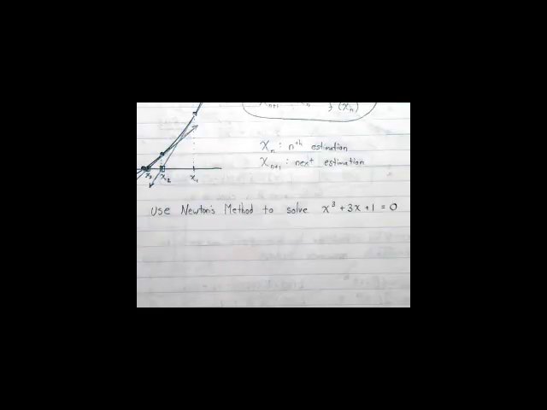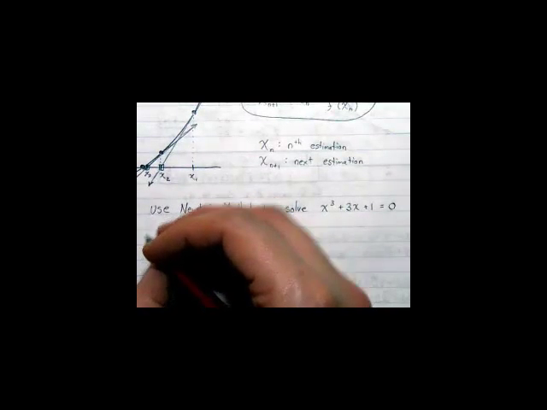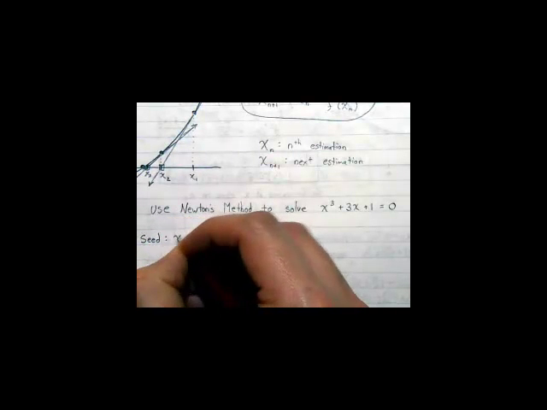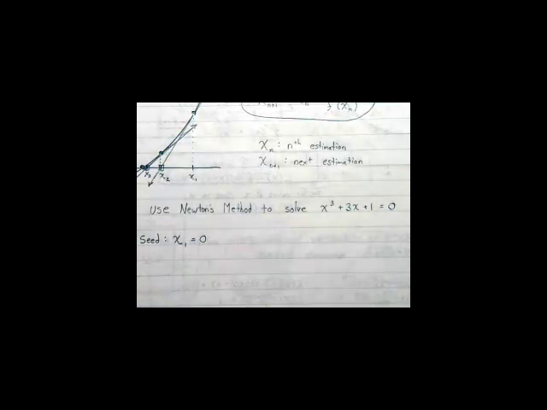So what number, if you plug it into this, will give you something that's kind of close to 0? 0, okay. So that's called our seed. So our seed, x sub 1, is equal to 0. We're going to start with that and see how this helps us.